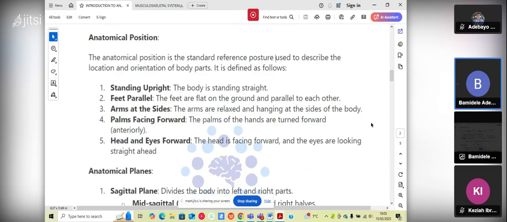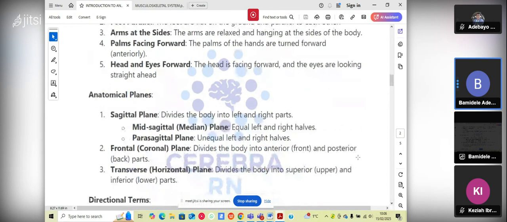Your feet are parallel to each other and flat on the ground. Your arms are by your side, not in front or at the back, with the palms facing forward, and your eyes and head facing forward. In that position, that is your anatomical position.